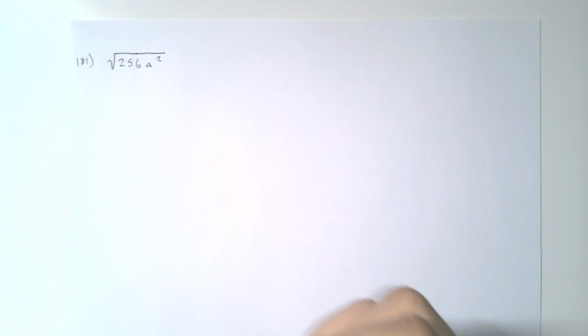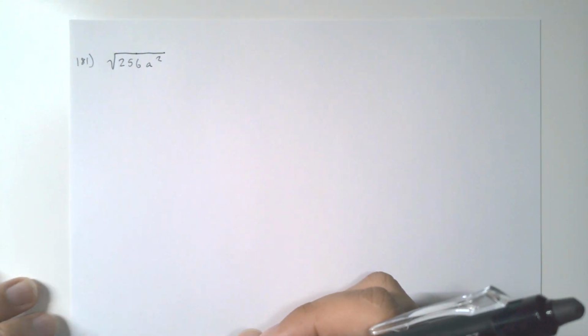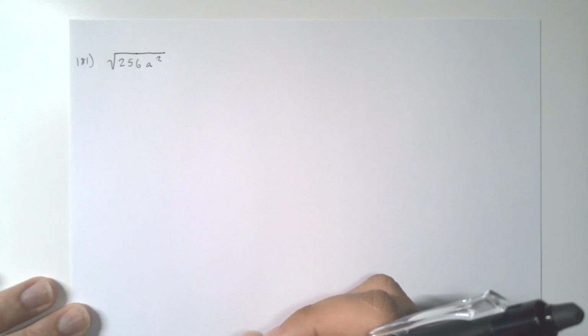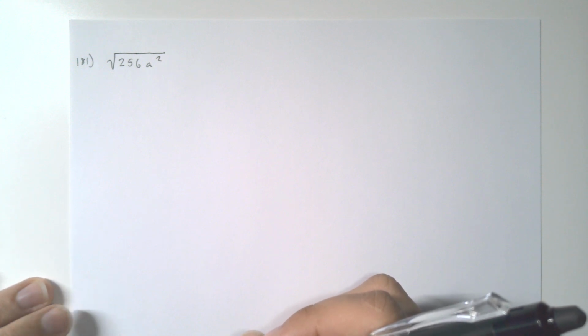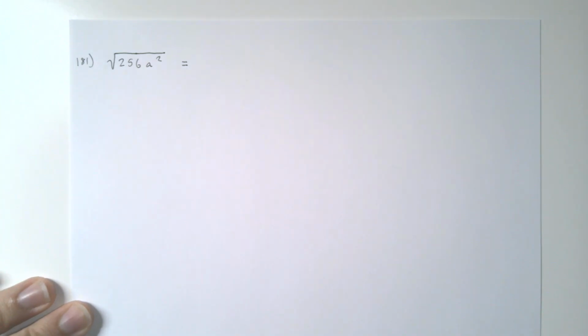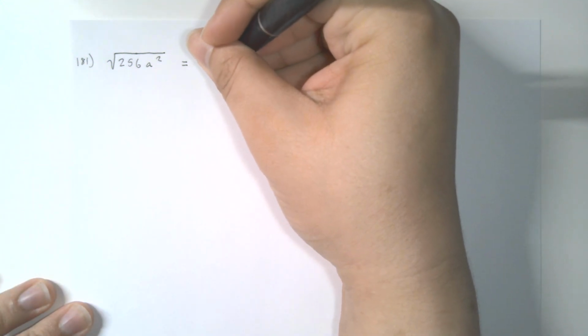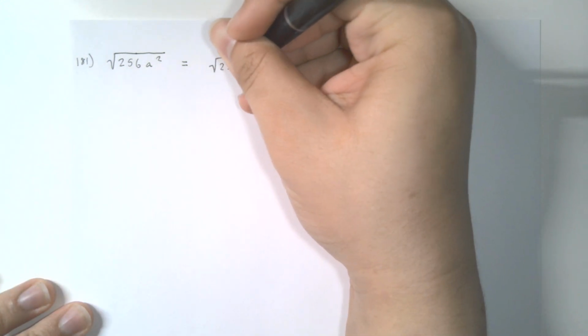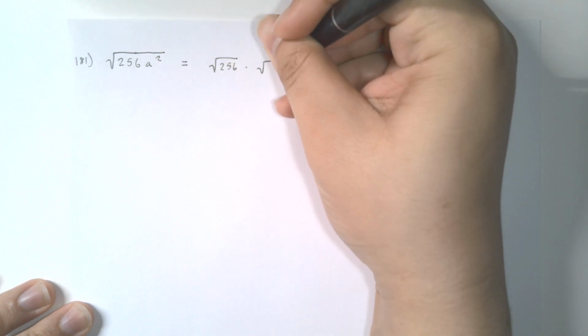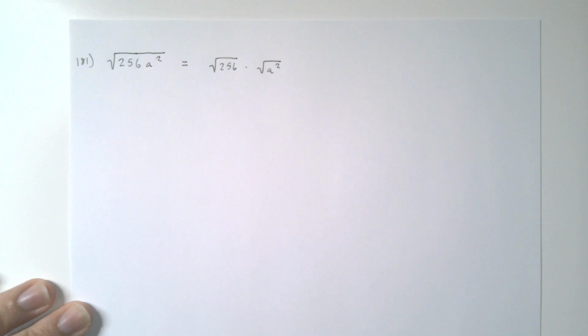So for this first one, 181, we have the square root of 256 times a squared. So anytime we're doing problems like this, and we have variables involved, we want to break this up into the square root of 256 times the square root of a squared.